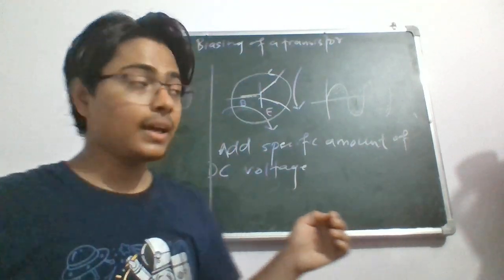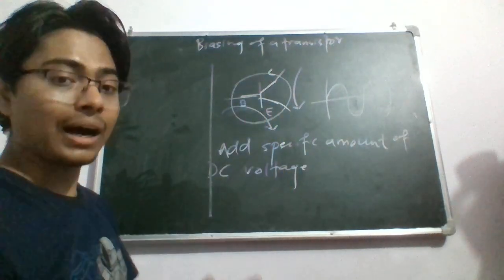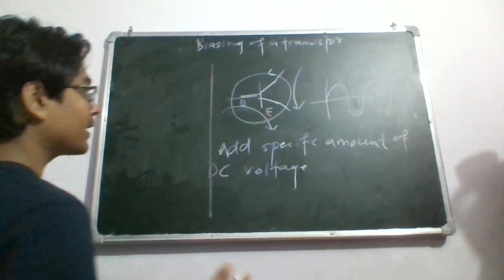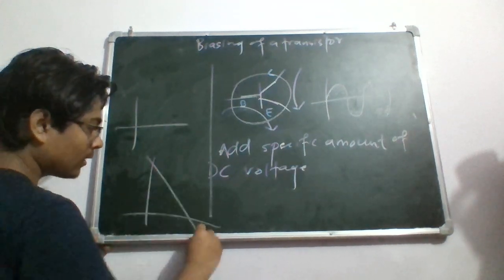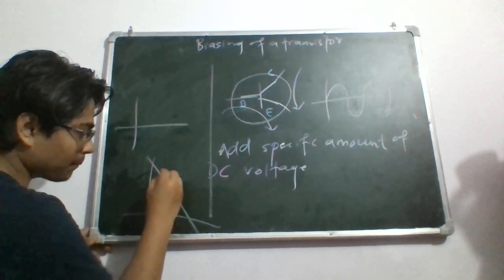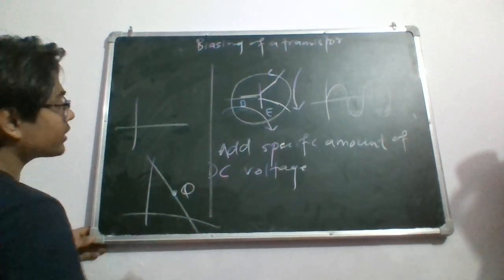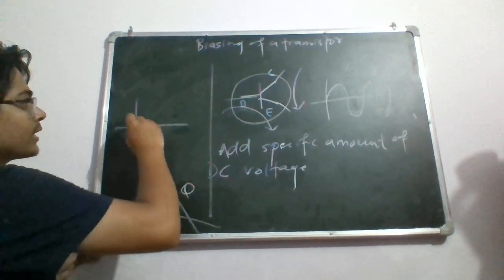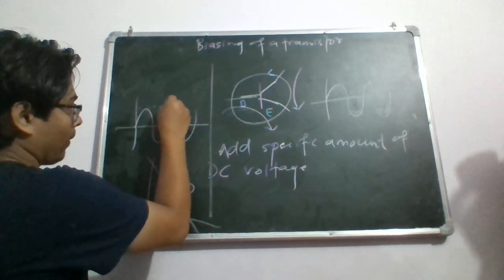of the line. And if we do this biasing, it becomes the case where the operating point lies in the middle of the load line, as a result of which the input signal is not lost.